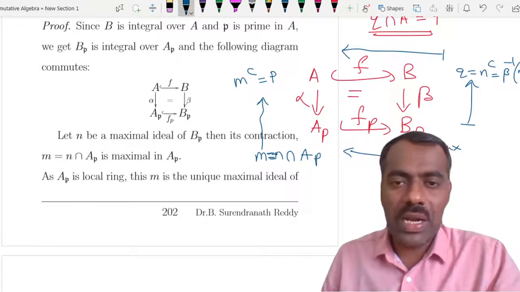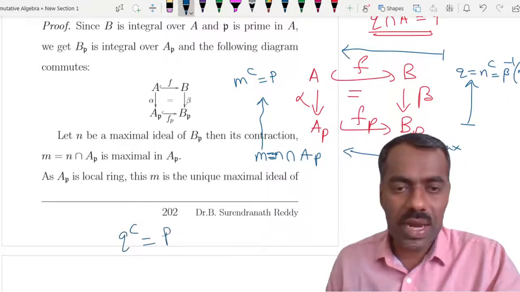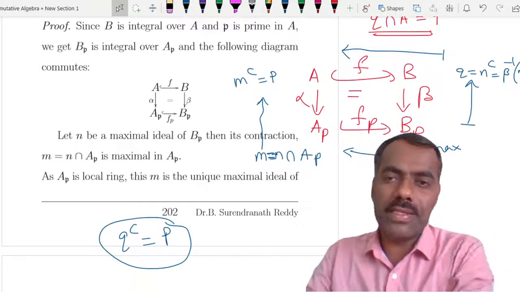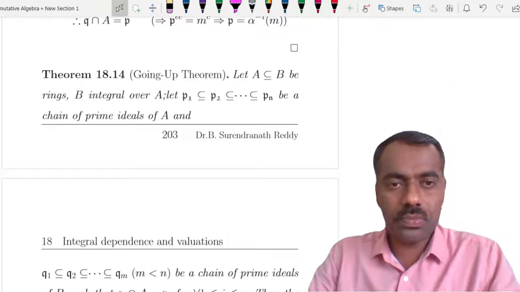One way you get P, the other way you get Q and Q contraction. So what we have proved is Q contraction is P, right? Everything we play with these diagrams, and in detail we have written here, you can go through it.